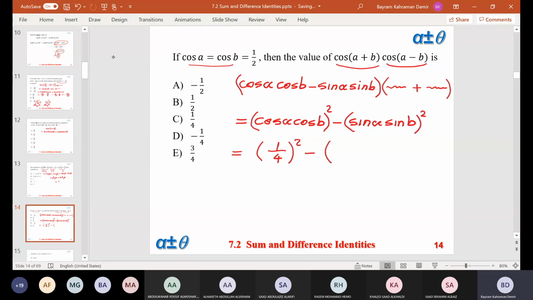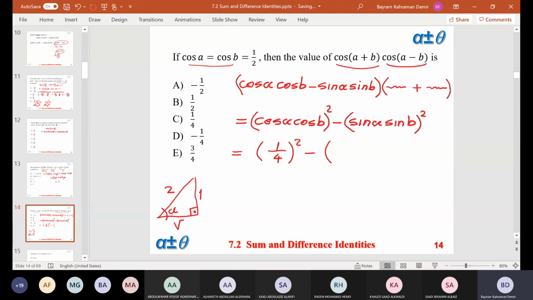how about sine A and sine B? Can we write the triangle? I know the cosine A. Can I find the sine A? Of course, right? It's from sine square plus cosine square, or just the triangle. So this is A. Cosine is 1 over 2, right, Shabab?